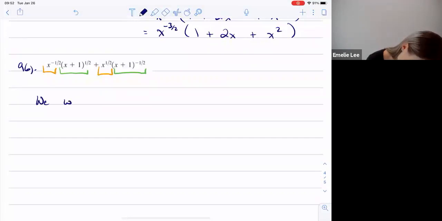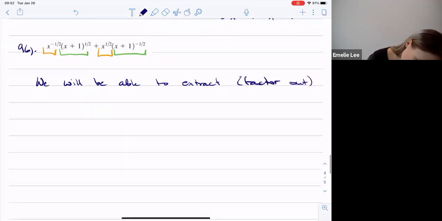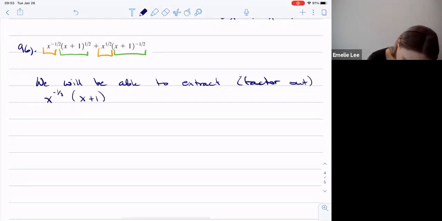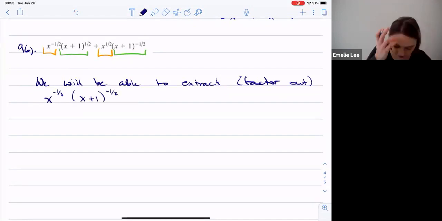So we will be able to extract, or factor out, x to the -1/2 times x plus 1 to the -1/2, right?